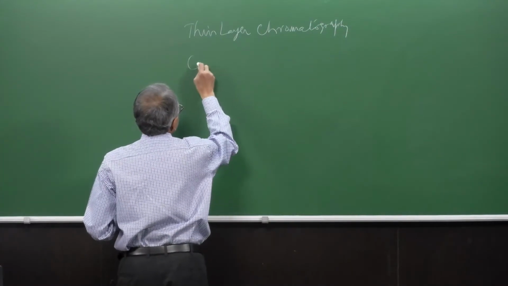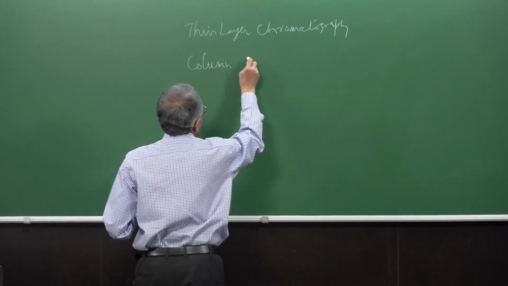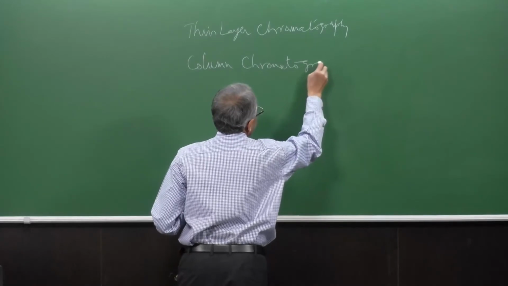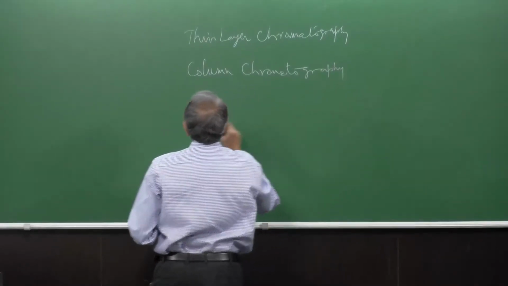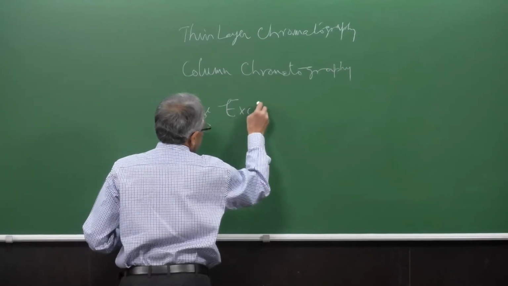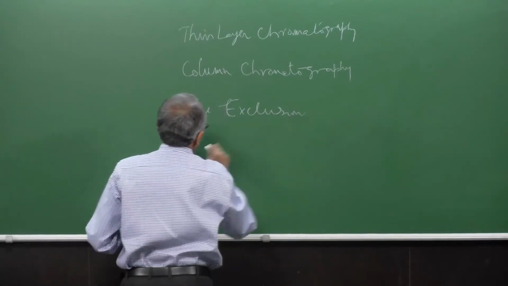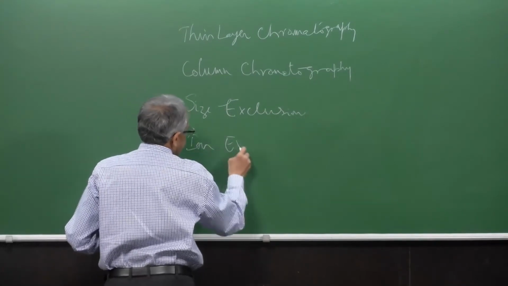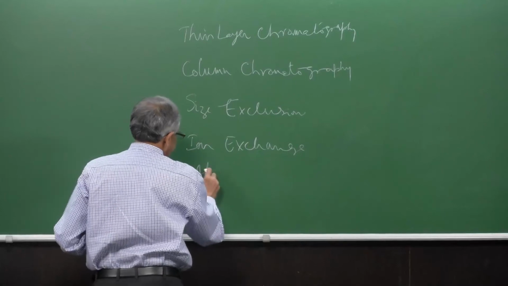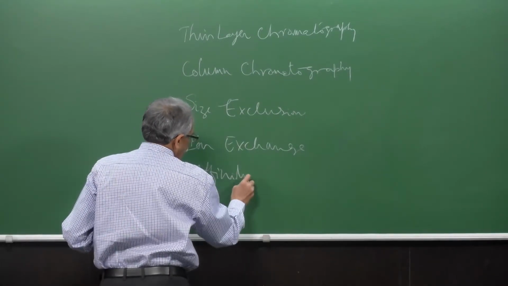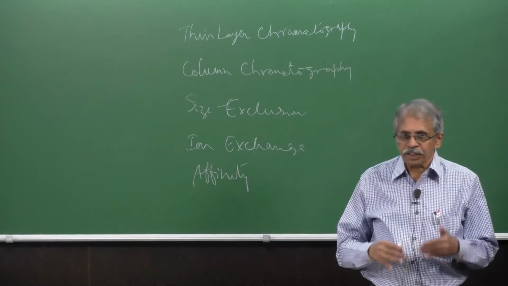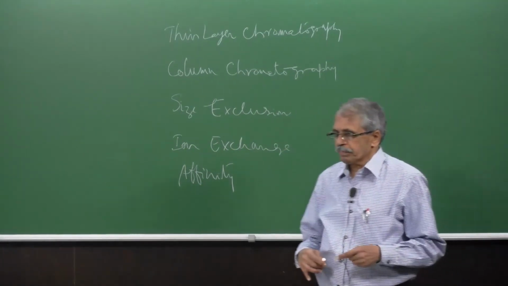Then we have column chromatography, and then we have size exclusion, and we have ion exchange, and we have affinity. So I have built all of these, the basic concepts, principle behind it, everything in the previous class.